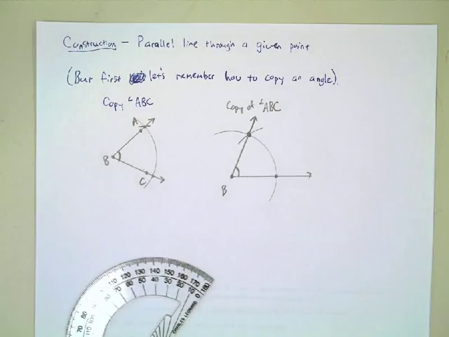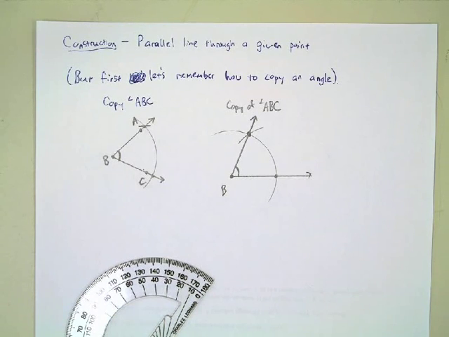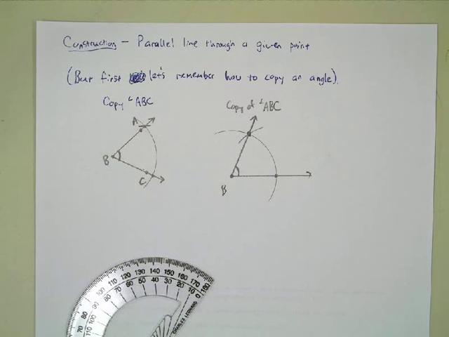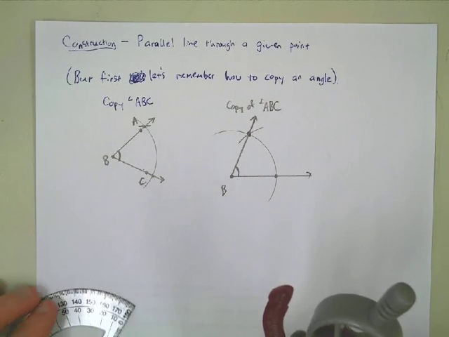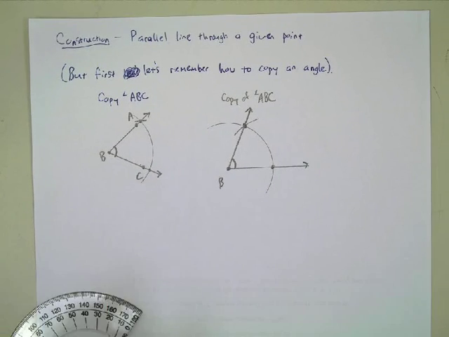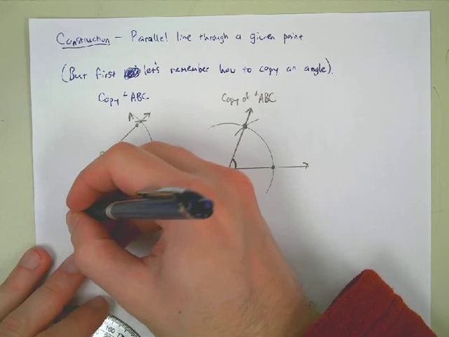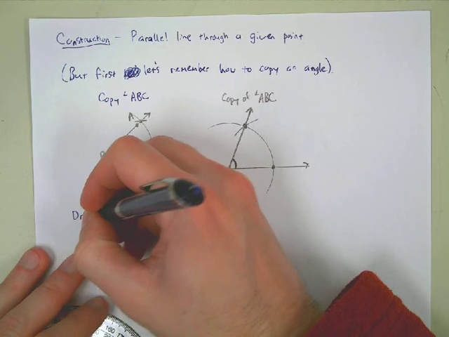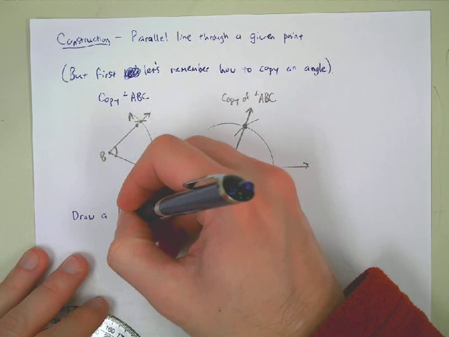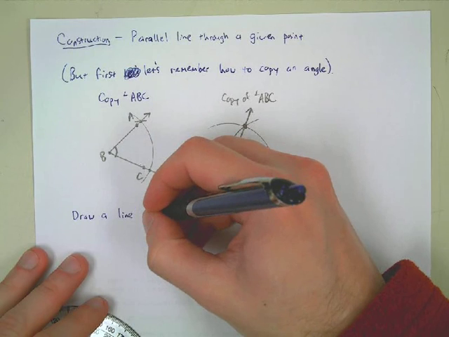Alright, so here's the other construction that I wanted you guys to learn today. Here's the one that I want to actually do, and this is now: draw a line parallel to line EF. I'm going to use the symbols.